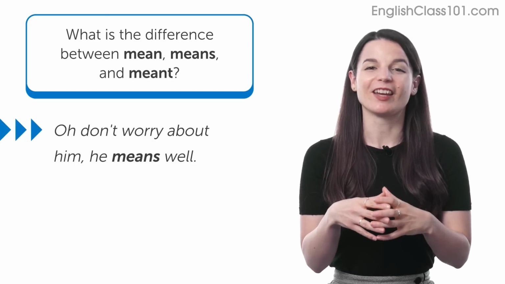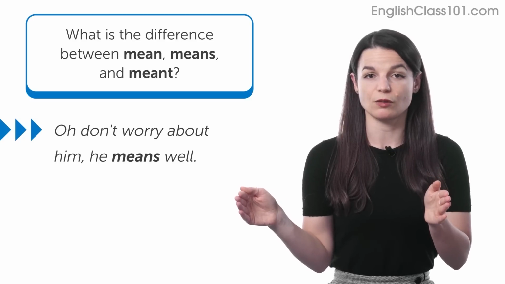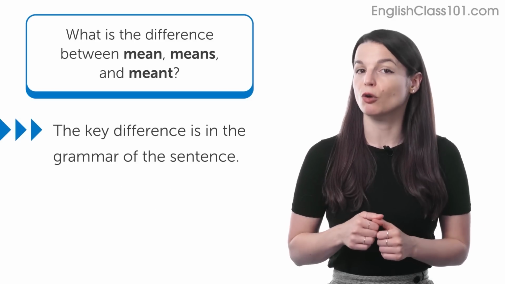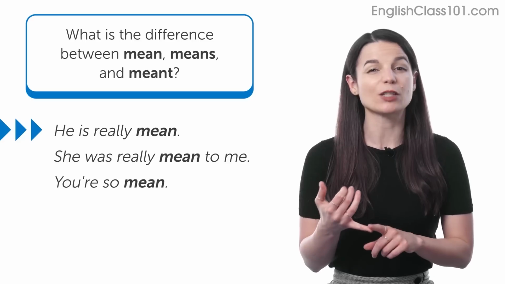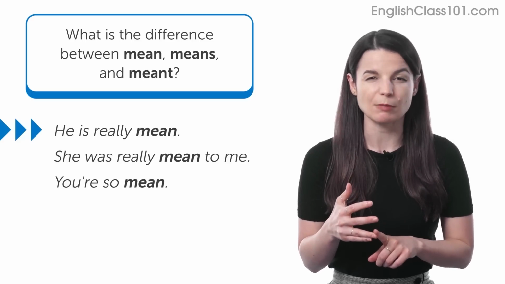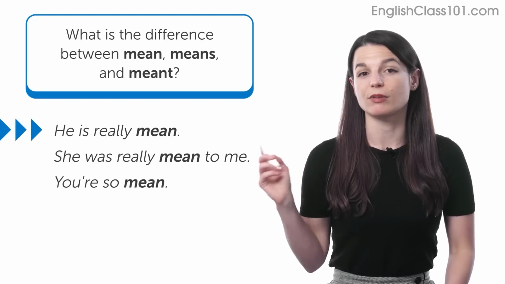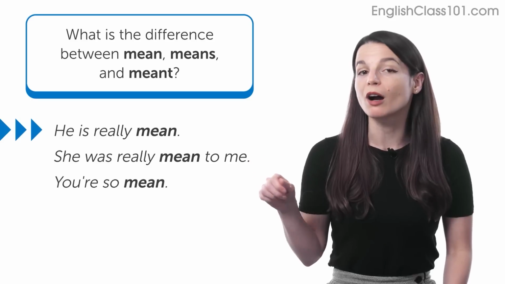So keep in mind then that the verb use of this word is very different from the adjective use. You might think, okay, well, how do I know which one is which? The key is to look at the grammar of the sentence. Earlier we talked about sentences like, he is really mean, or she was really mean to me, or you're so mean, right? We have the be verb preceding the word there. He was mean, she is mean, you are mean, right?